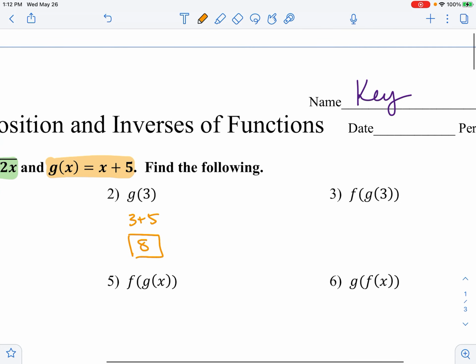F of g of 3. Well, this is a two-parter. You want to follow your order of operations, which means we're going to do our parentheses, this inside piece first. So the first thing I'm going to do is g of 3. Oh wait, we already did that in question number 2. The answer to g of 3 is 8.